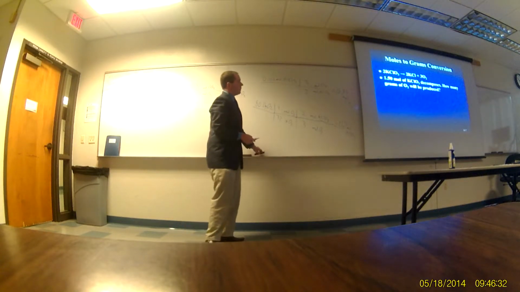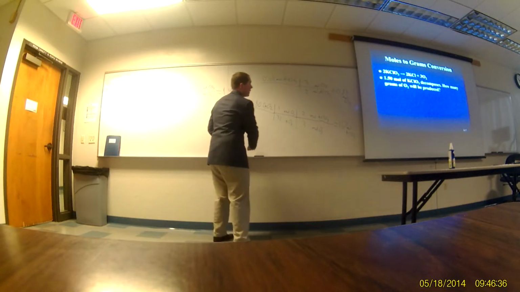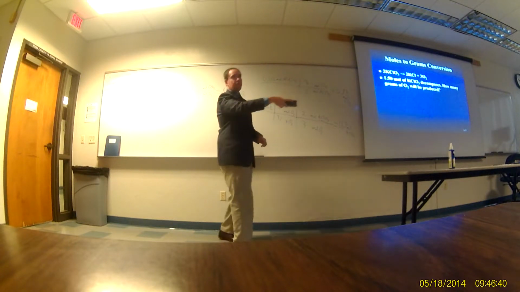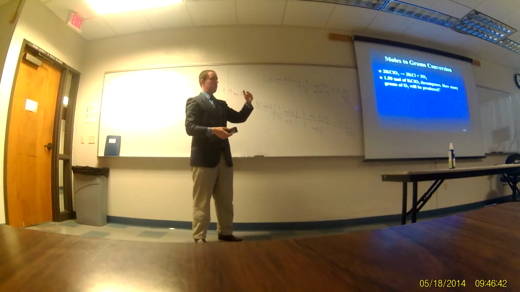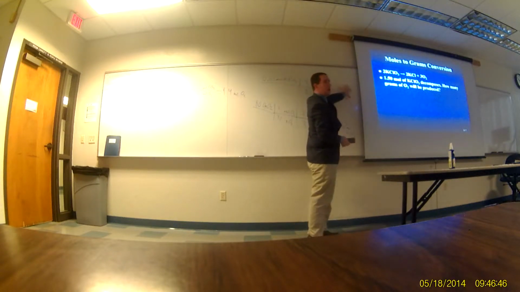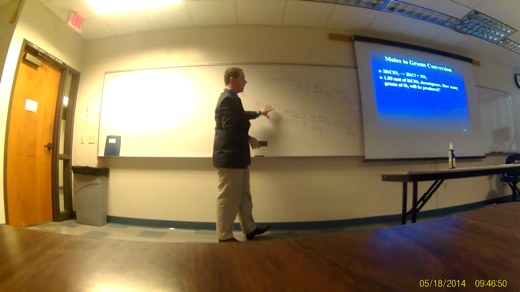Here's another one. 1.5 moles. So this is a moles to grams. So we're going to do the moles to moles, and then tack on moles to grams at the end. This one, we added a grams to moles at the beginning.